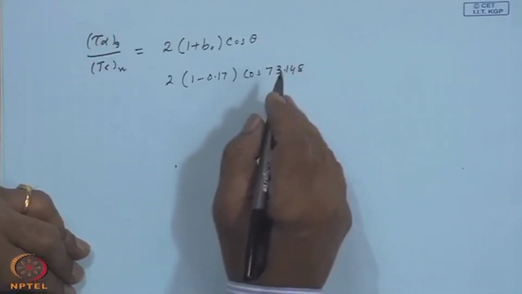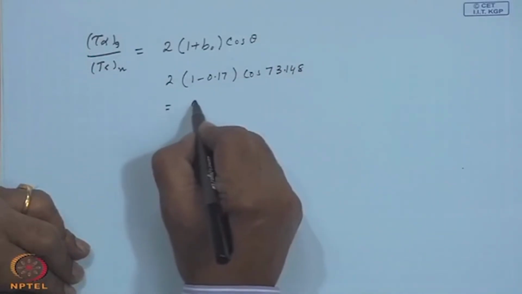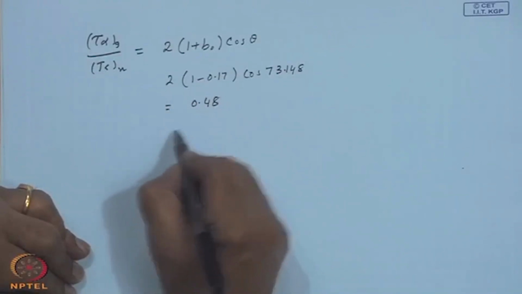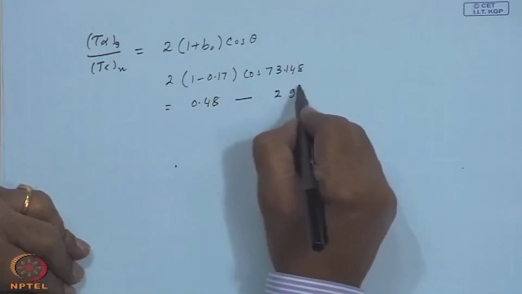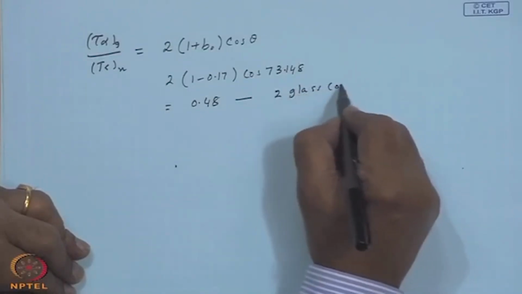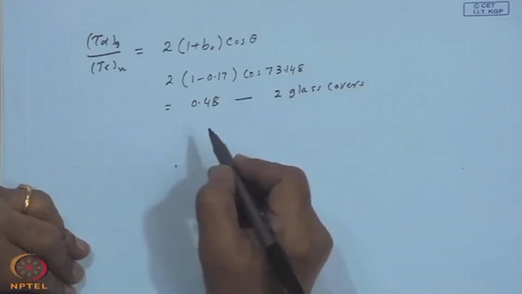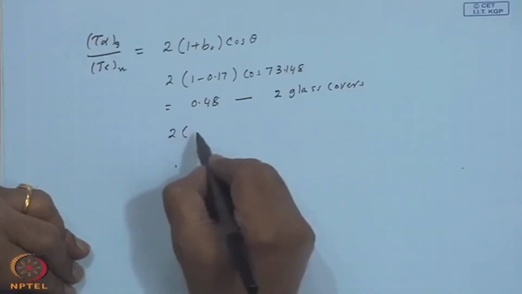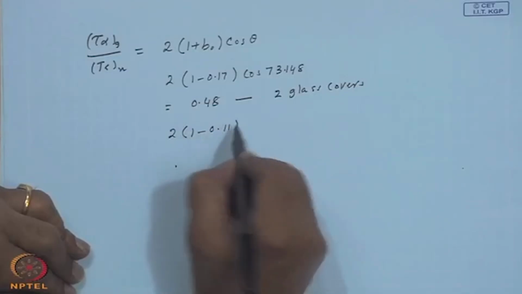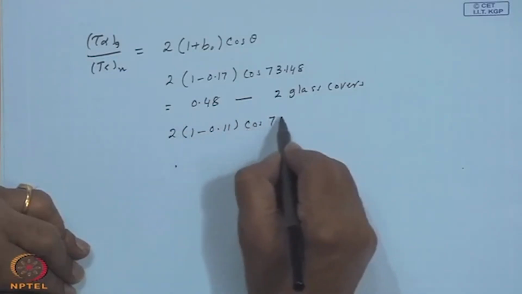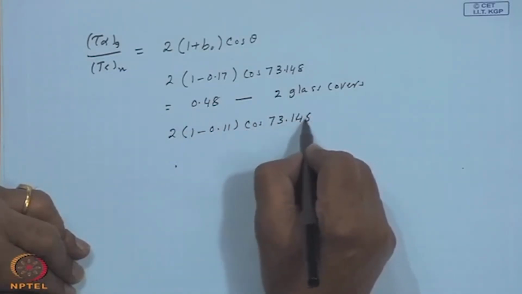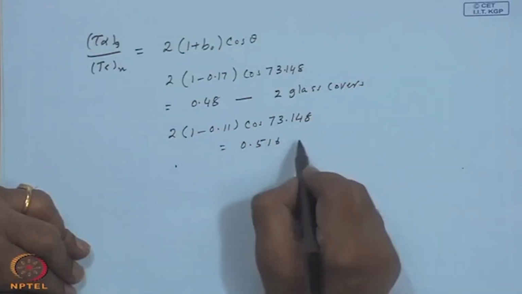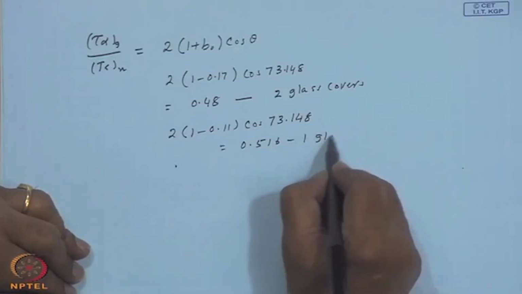So much accuracy is not needed, because there are many approximations we have been doing. This comes out to be 0.48 for 2 glass covers, and if it is 1 glass cover, you have 2 into 1 minus 0.11 into cos 73.148, which is 0.516 for 1 glass cover.